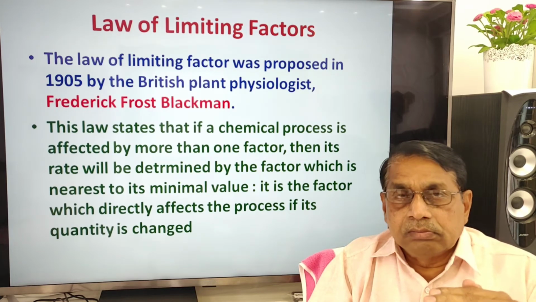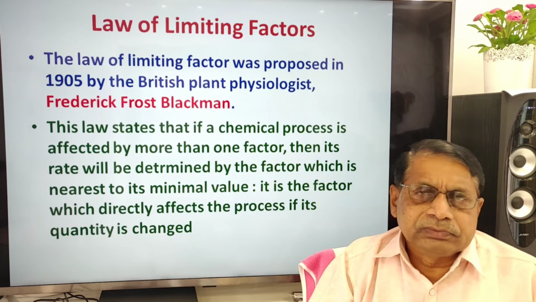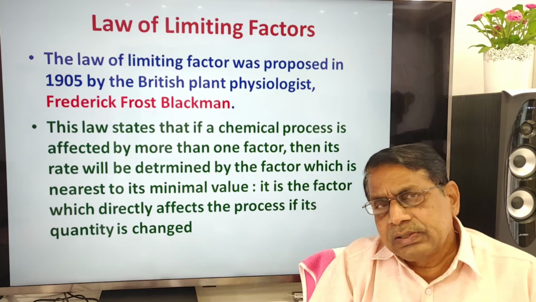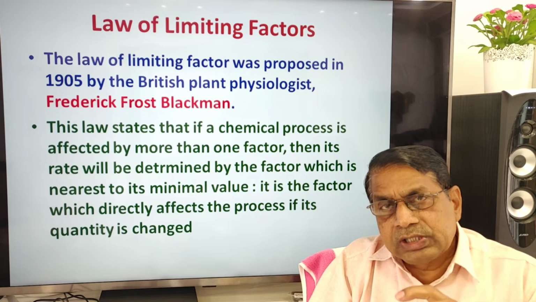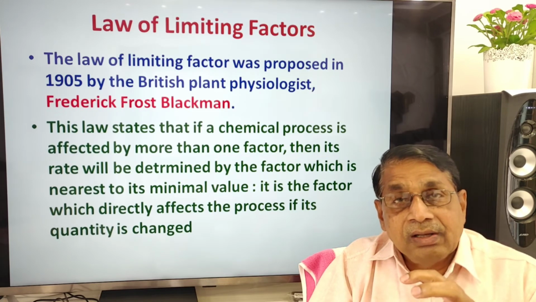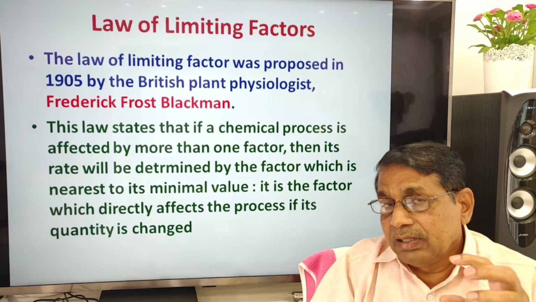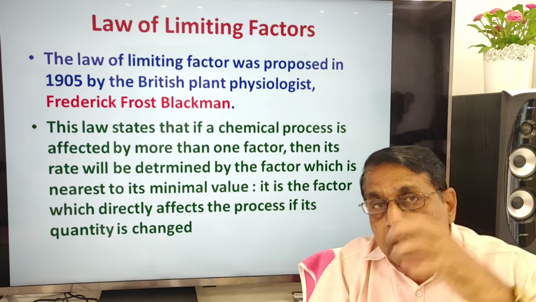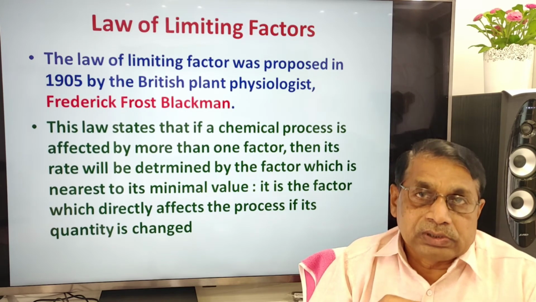If all 4 are there, the rate of photosynthesis is maximum. If 3 are there, but 1 is not there or is very low, the rate of photosynthesis doesn't increase. In other words, the rate depends not on the optimal level of the 3 factors, but on the concentration of the factor which is low. So that factor is limiting the rate of photosynthesis.